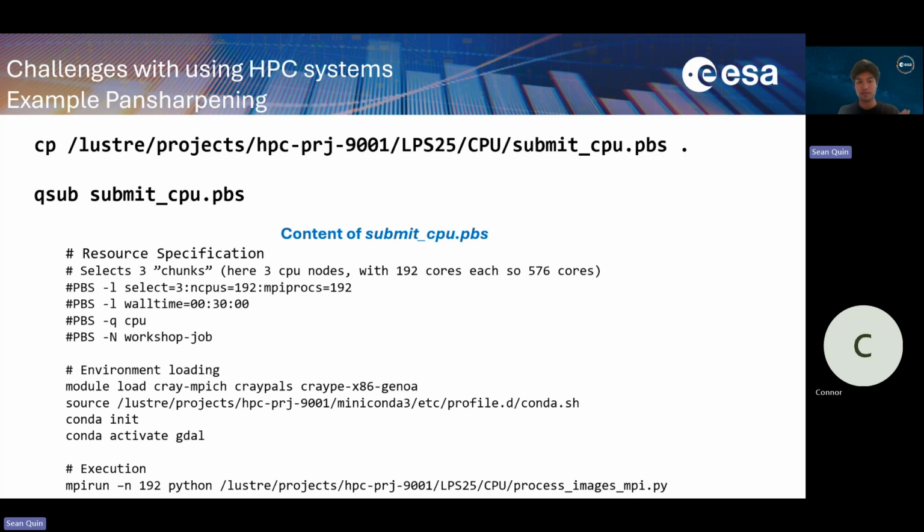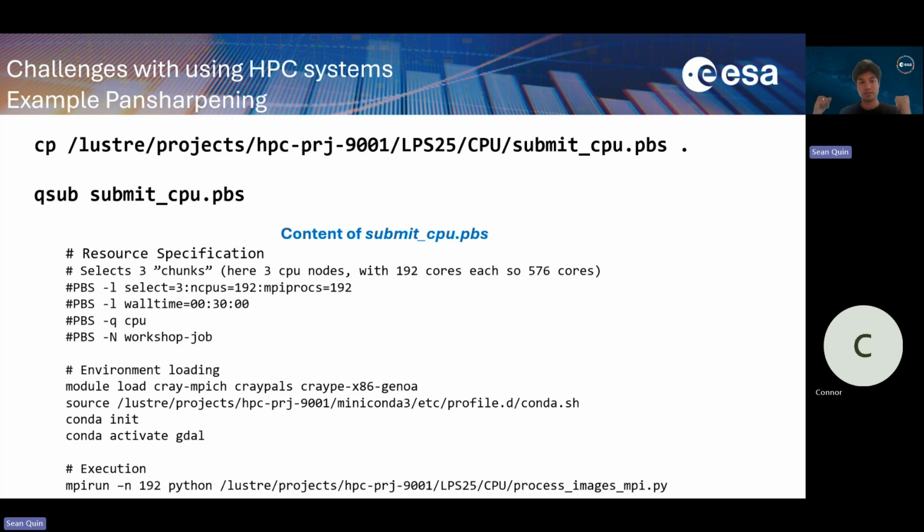So here we're loading some dependencies related to parallelization: Cray MPICH, which is the message passing framework developed by HPE, another Cray parallel dependency, as well as Cray PE Genoa, which is specific to our architecture. So these are small things that help with optimization and enable parallelization that we specify.